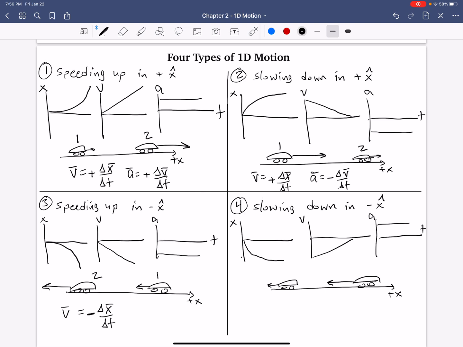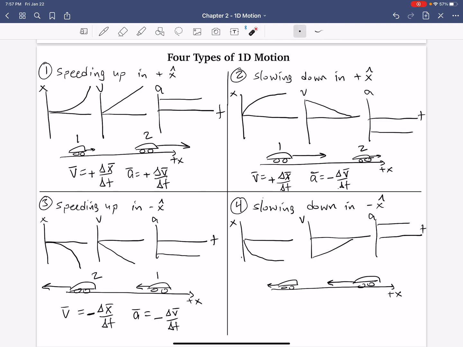For the acceleration, delta v over delta t, what's happening there? Well, it's speeding up, however, it's speeding up in the negative direction. And that's important here. The negative direction is what gives us the negative sign out front.